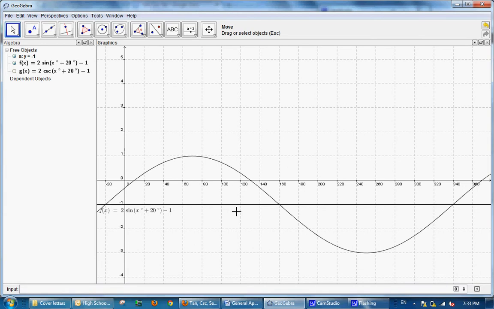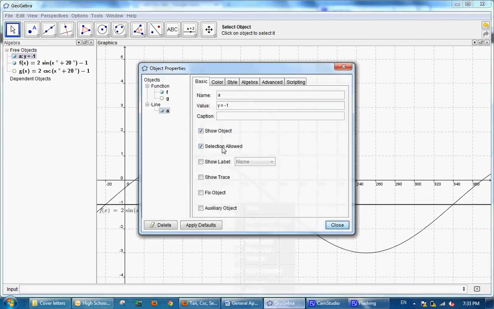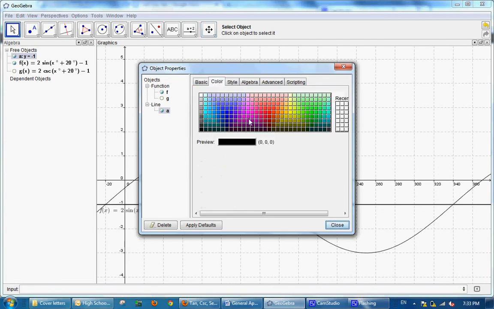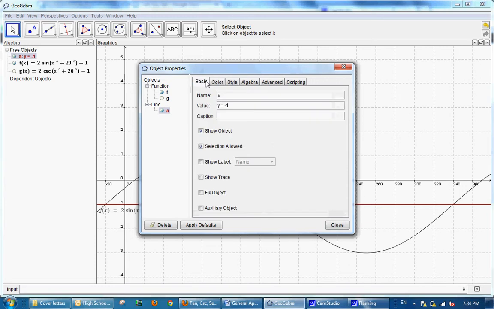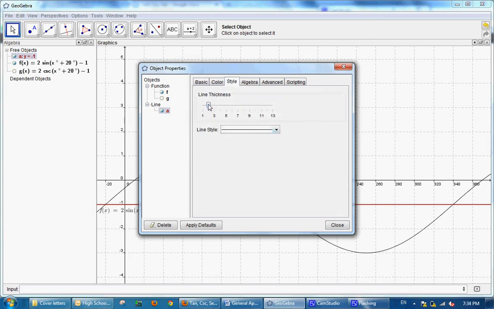Let's make it a pretty color, bright red, and pretty thick.